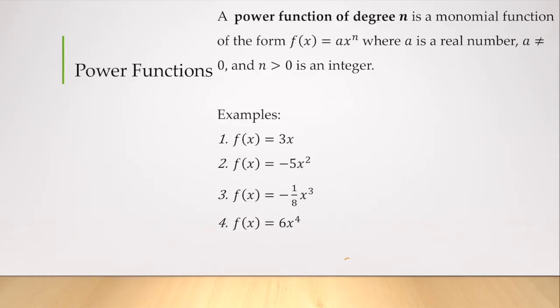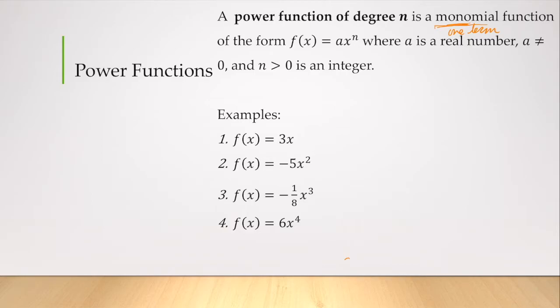A power function is a monomial function, mono meaning it has one term, of the form f of x equals ax to the n, where a is a real number, a doesn't equal 0, and our degree n greater than 0 is an integer.